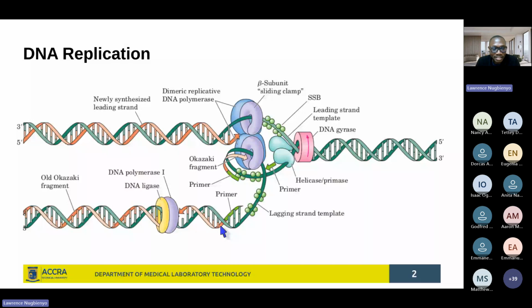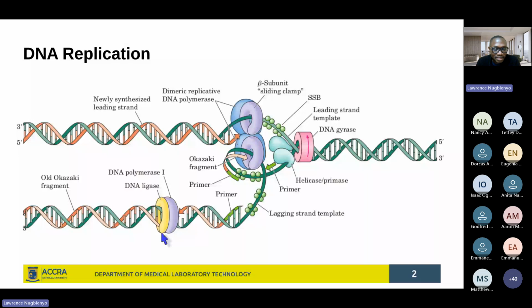So the synthesis is done in what are referred to as Okazaki fragments. These are small chunks of nucleic acid strands that are synthesized onto that lagging strand.